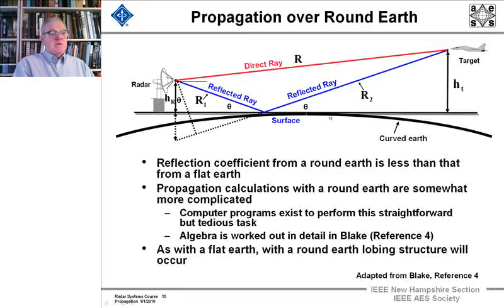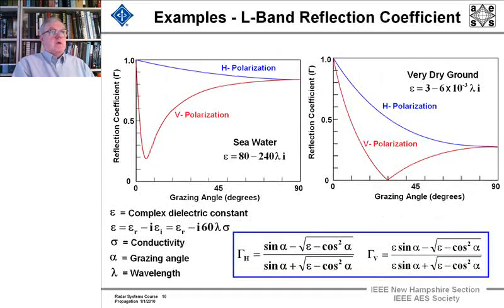As with a flat Earth, with a round Earth the lobing structure will occur also. And here's an example to show you how, as a function of grazing angle, the reflection coefficient can change with polarization, and it can be complex, and it's a complicated entity.